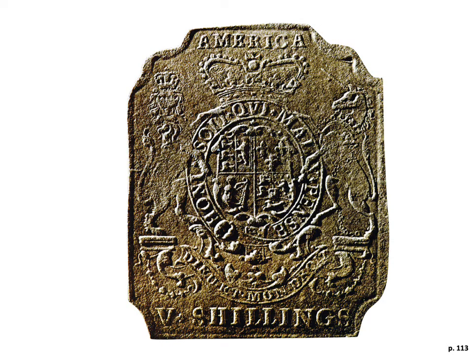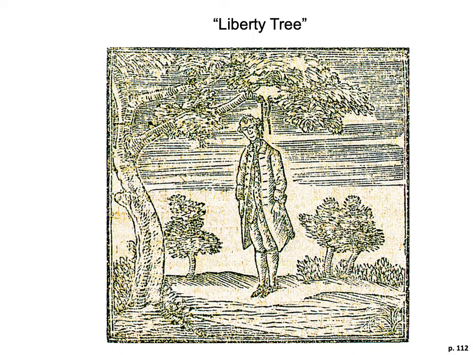This is a view of the actual stamp that was used. This piece of metal is engraved, and the Stamp Act, the stamp agent would cover it with ink and put it on each page of paper. As part of this protest, see on the next slide, a group was set up in Boston called the Sons of Liberty.